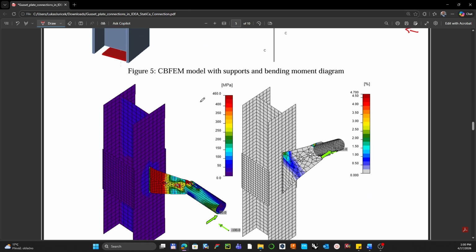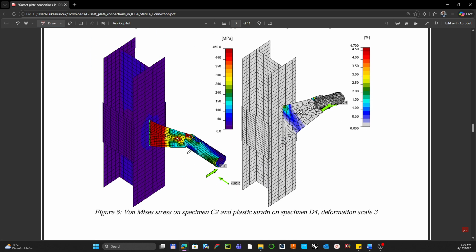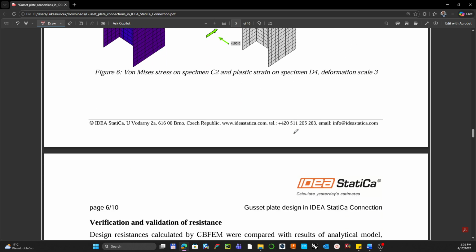So it leads to the fact that you are able in the IDEA StatiCa connection to model also a portion of the imperfections and the second order effect once you are using material nonlinear analysis.